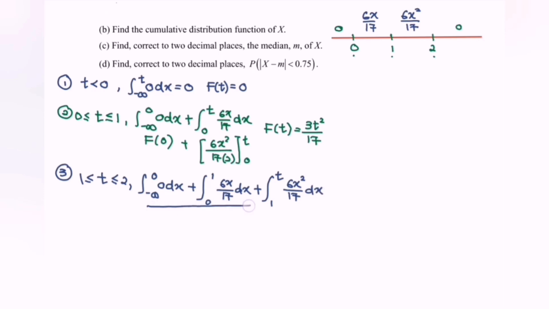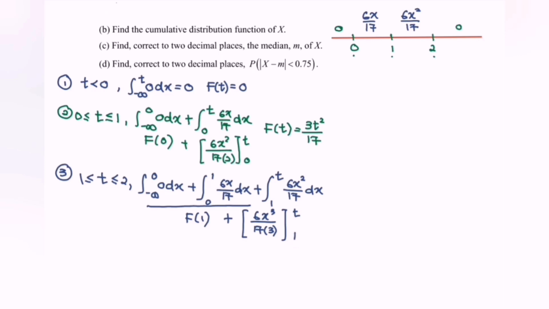Focus on this part, and we can replace the situation with F(1) plus 6x cubed over 17 multiplied with 3, with the limit t and 1.